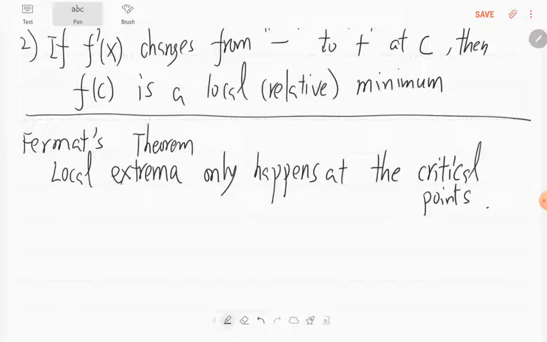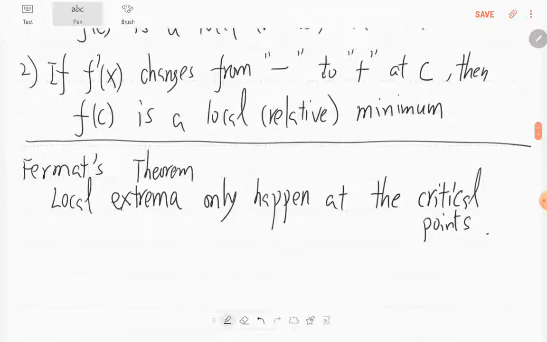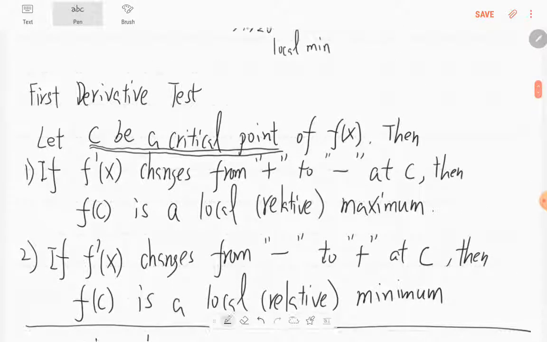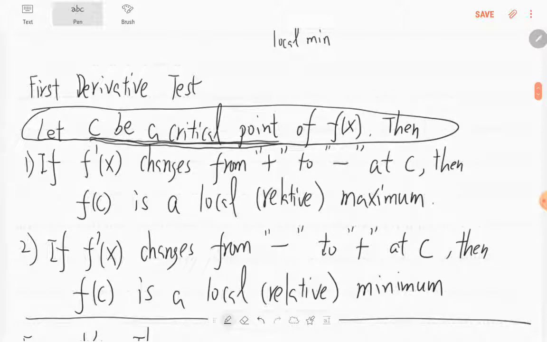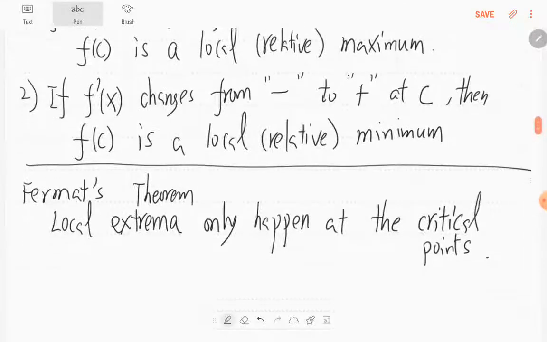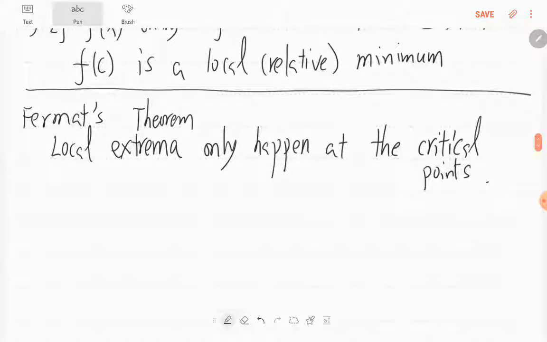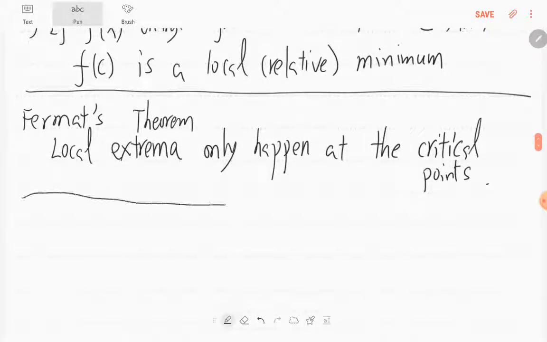We have no other choice. So this is the reason we must have c as a critical point in the first derivative test.